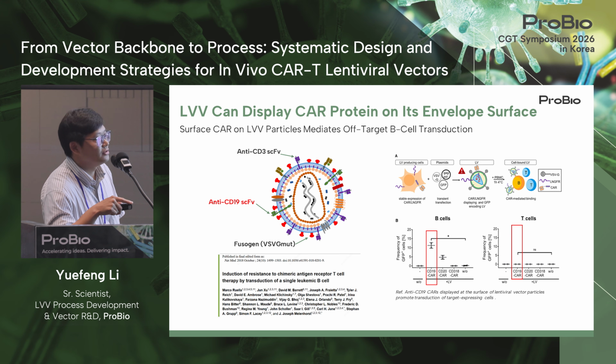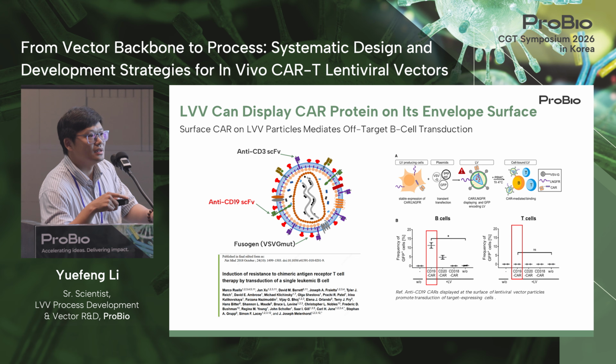Normally, the protein is a transmembrane protein, for example here, a CAR, certainly an anti-CD19 CAR. Because a CAR molecule also has a transmembrane domain, it will be anchored onto the membrane of the 293 cells, and then during the budding of the virus, this anti-CD19 CAR will be inherited onto the tLVV membrane as well.